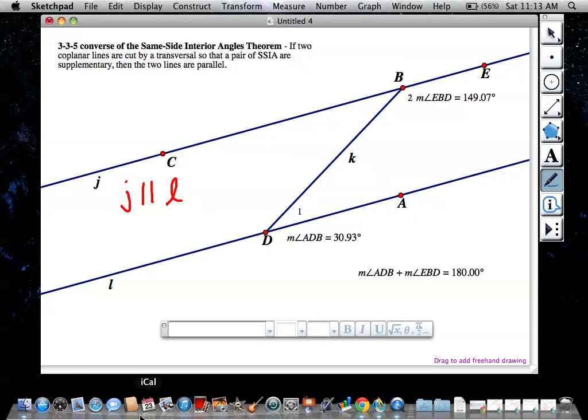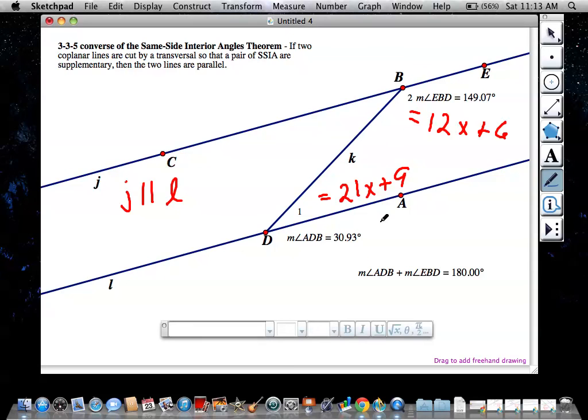And I would work this problem just like I did the other ones, except for one difference. Since they're same side interior, that means that they are supplementary. So let's say instead of knowing what they are, it just said the measure of angle 2 is 12x plus 6, and the measure of angle 1 was 21x plus 9.